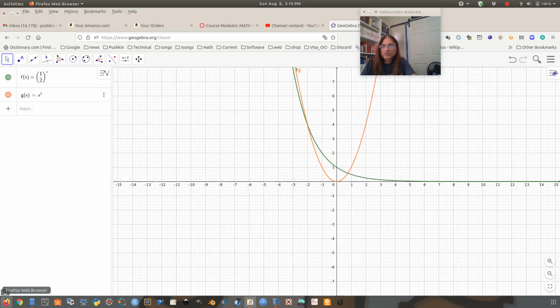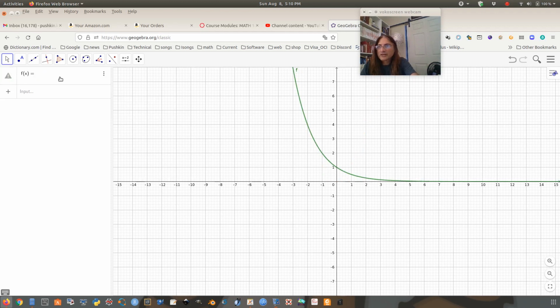So going to GeoGebra, let's delete this. Okay, I think I can go here, delete, okay. And then here, let's plot x squared. That's our function.